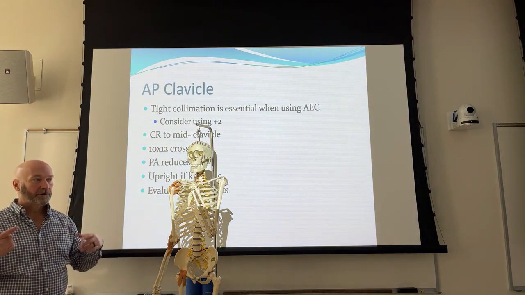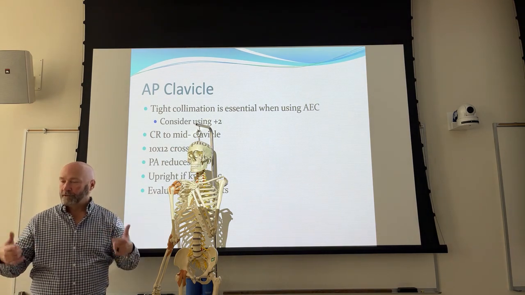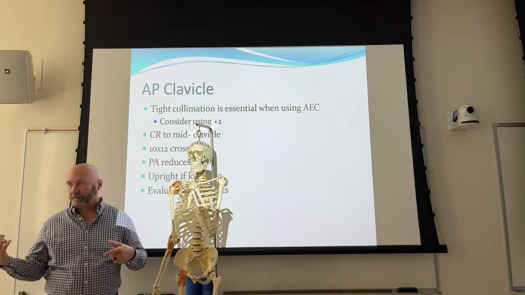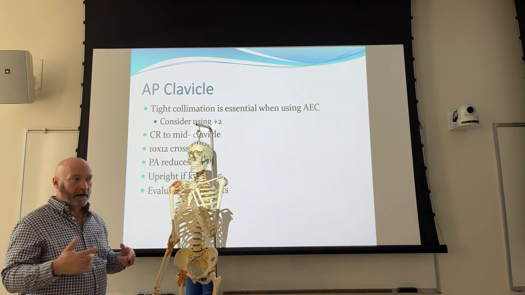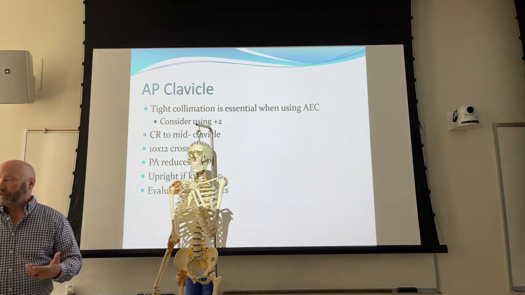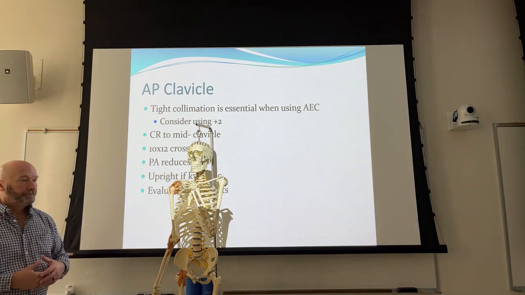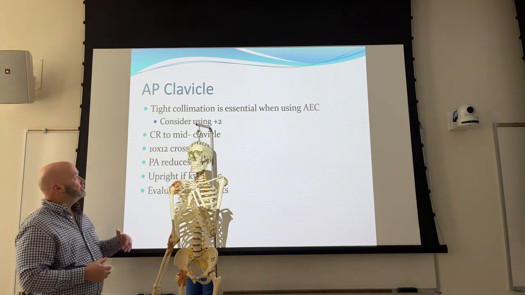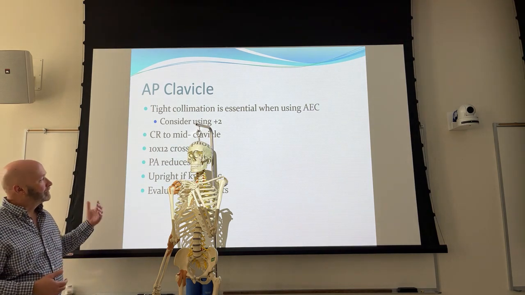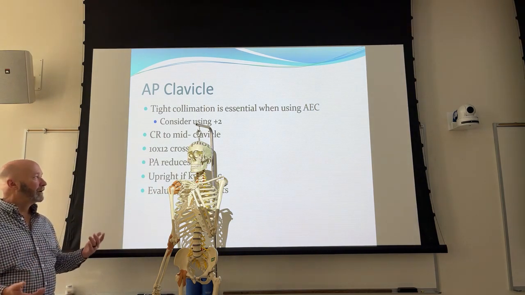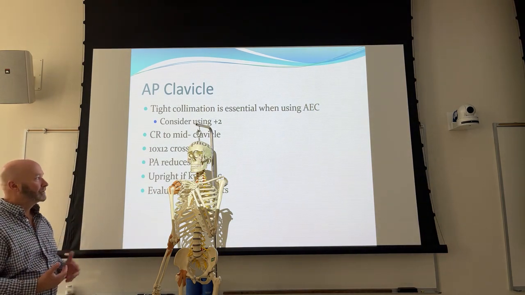Remembering that a +2 is going to cause your photocells to receive more radiation before sending the signal to the timer to discontinue exposure. It'll compensate for a little bit of that direct exposure to the photocell, right? Central ray to the mid-clavicle, 10 by 12 crosswise, yeah, but you're going to collimate down, so it's really going to be more like a 6 by 12.